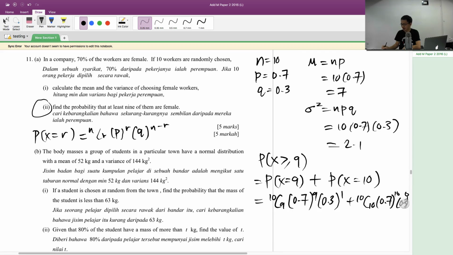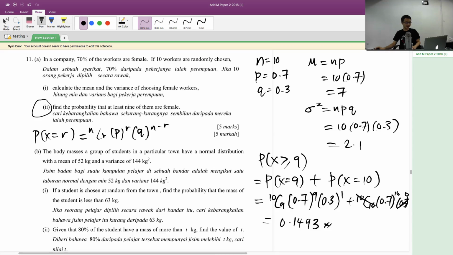Power of 0 you can just ignore, it becomes 1. Then you just use the calculator: 10C9 multiplied by 0.7 power of 9 multiplied by 0.3, plus 0.7 power of 10. You should get 0.1493.